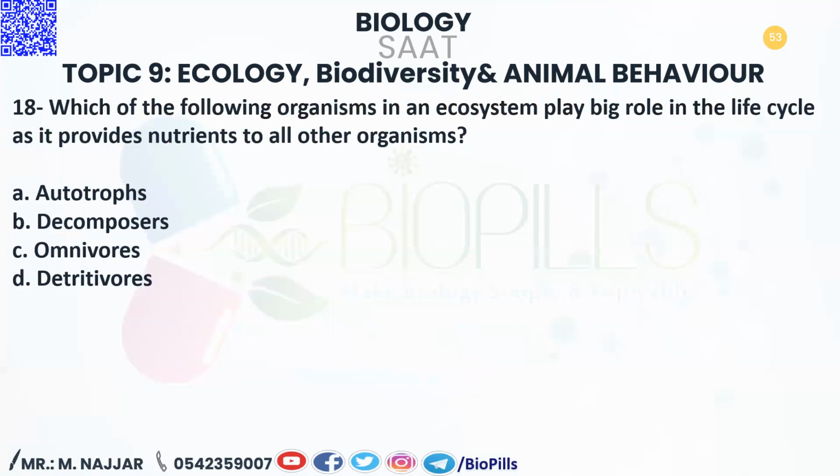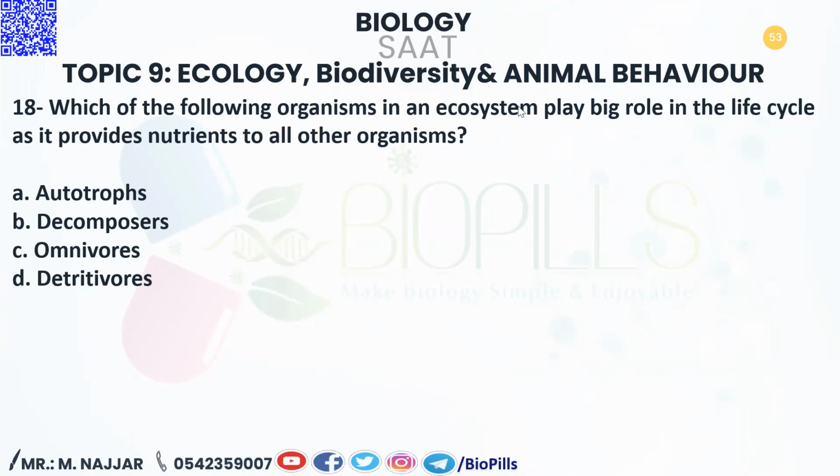Question number 18. Which of the following organisms in an ecosystem plays a big role in the life cycle, as it provides nutrients to all other organisms? Is it A, autotroph; B, decomposers; C, omnivores; D, detritivores?